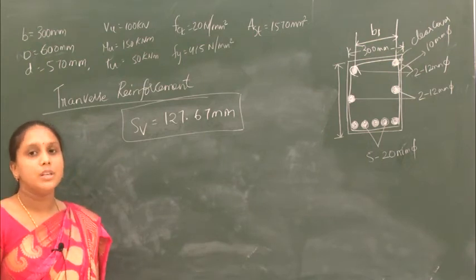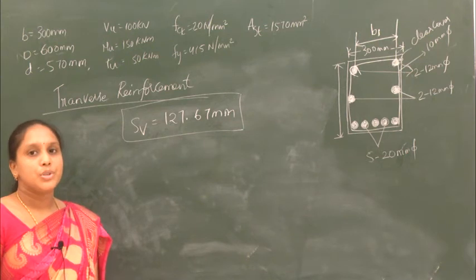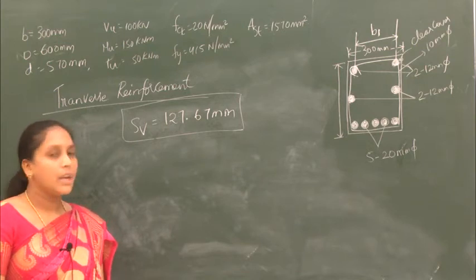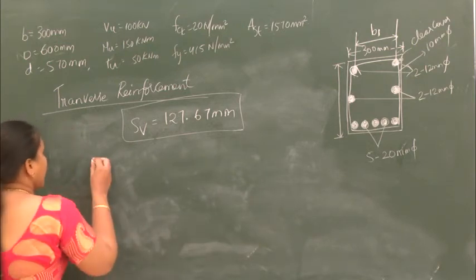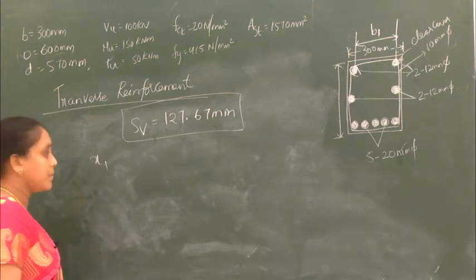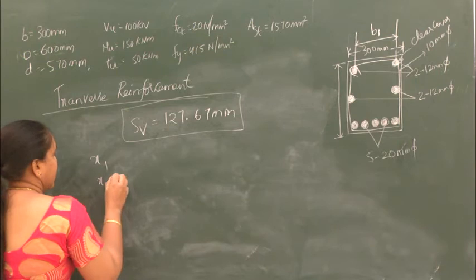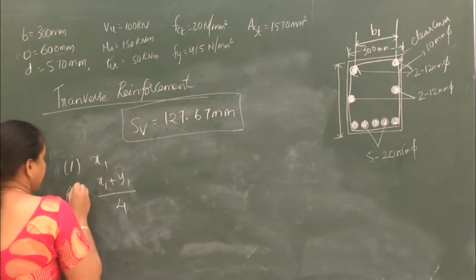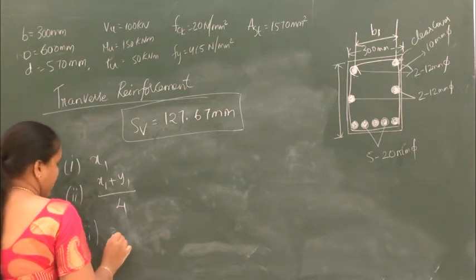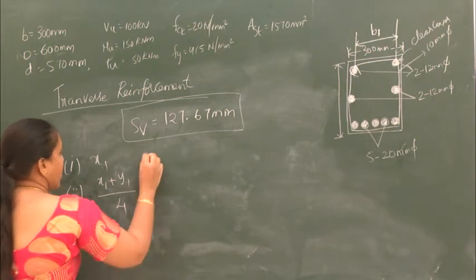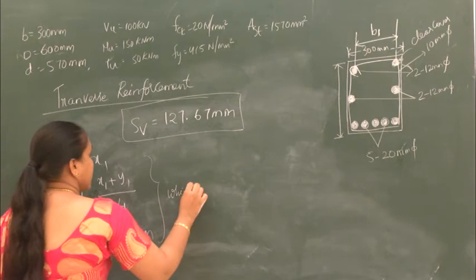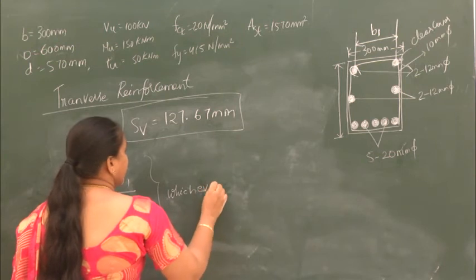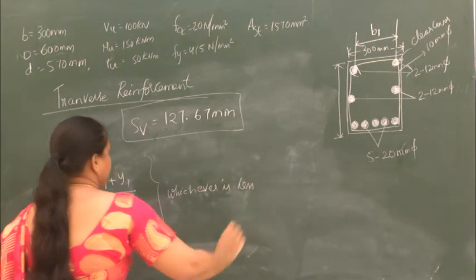The spacing of the transverse reinforcement, that is the spacing which you are providing here, should not be greater than x1 plus y1 by 4 and 300 mm, whichever is lesser.